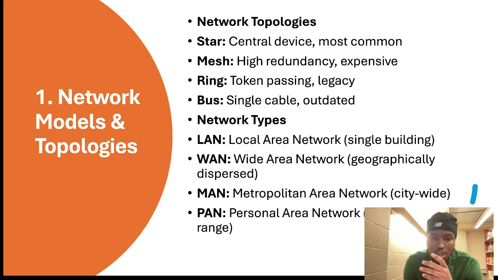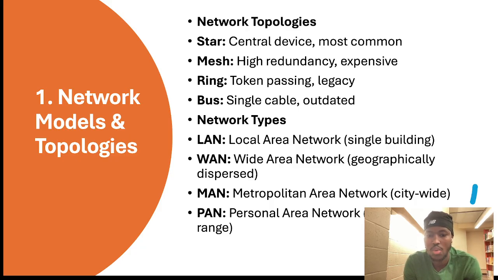As for the network types, we have LAN, WAN, MAN, and PAN. LAN is the local area network, usually in a single building. The WAN is the wide area network, which is for cities and countries. So it covers a wide amount of space. The MAN is the metropolitan area network.